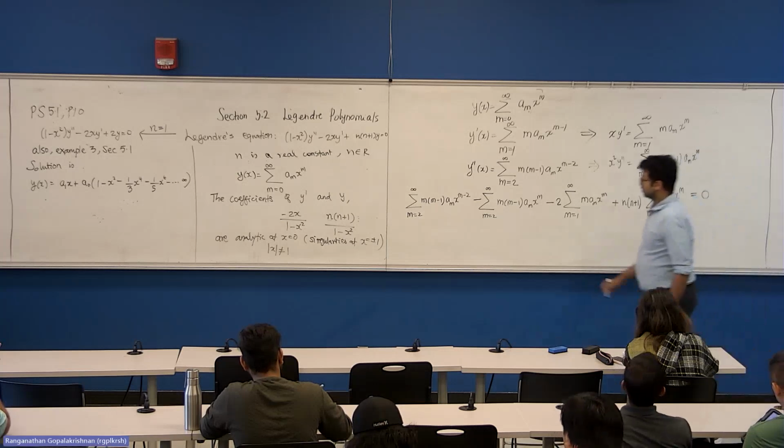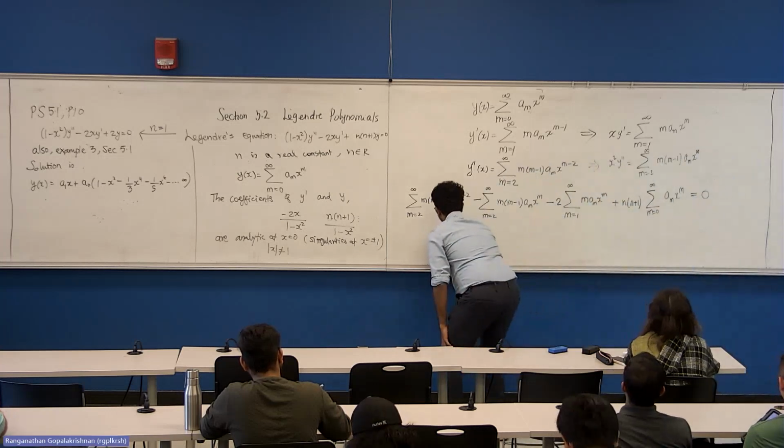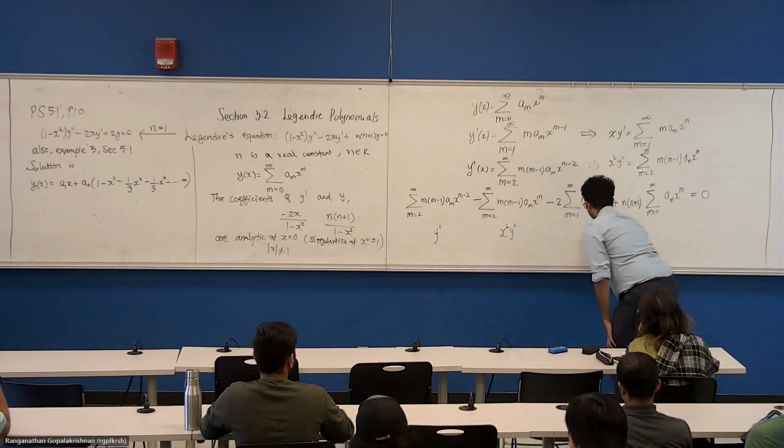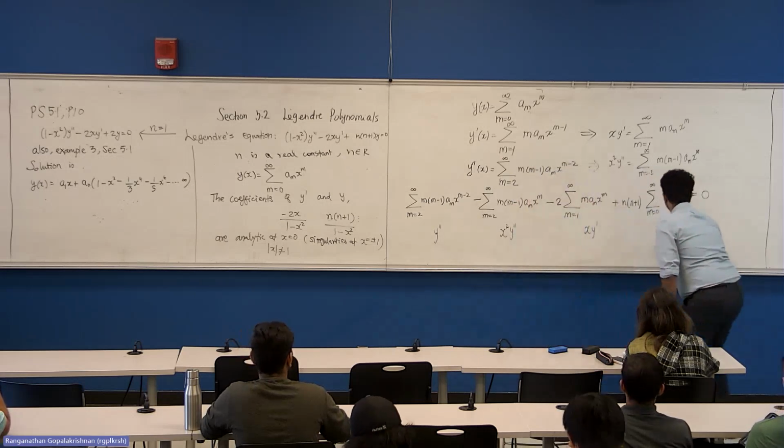So this is y double prime, x squared y double prime, xy prime, y.